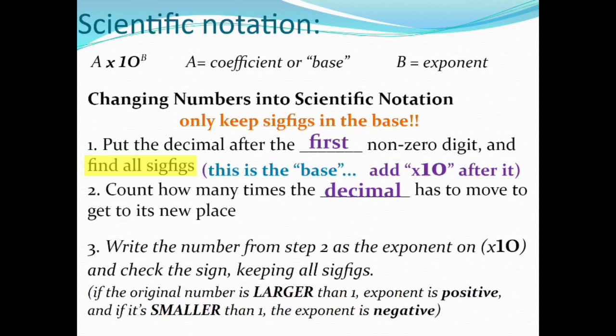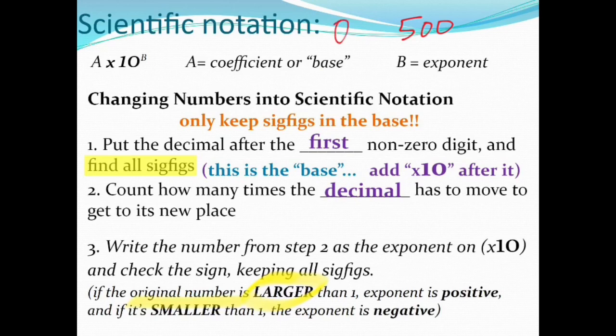Now, we just need to double check whether that is going to be a positive or negative exponent. The number of times we move it is always going to be in that exponent. But if that original standard form number is larger than 1, something like 500 is larger than 1, then that exponent in our scientific notation number is going to be positive.